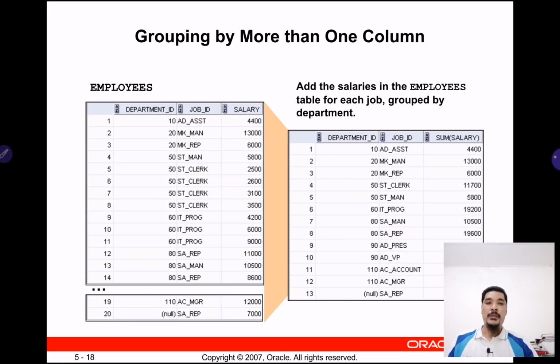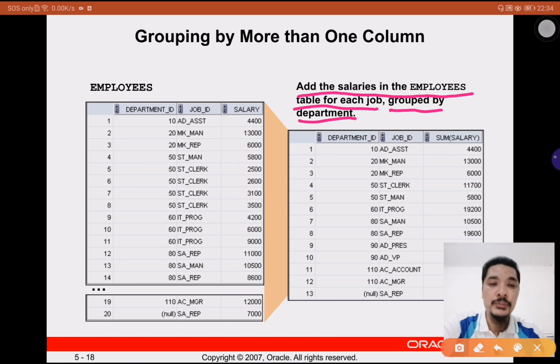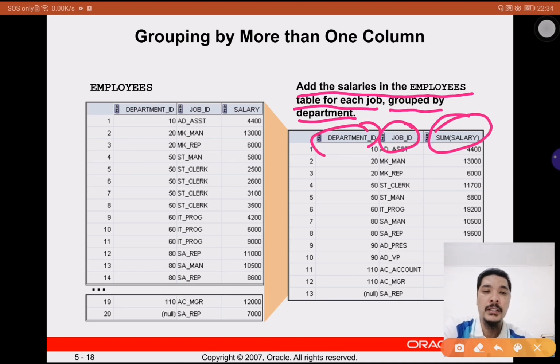Grouping by more than one column. Okay, we have table employees and we also add the salaries in the employees table for each job, group by department. Alright, so this is the department, this is the job, and this is the sum of salary.